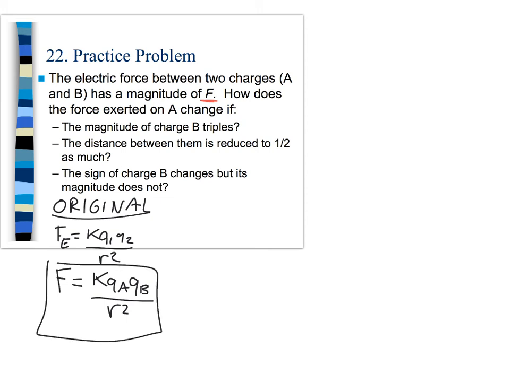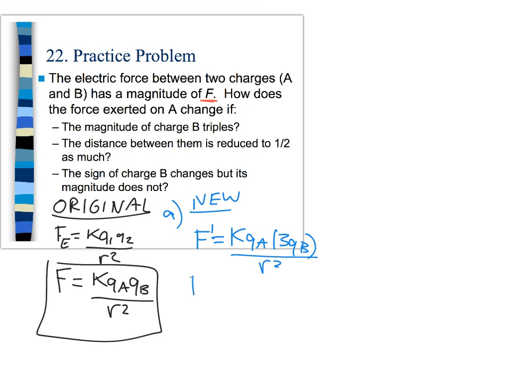And now I'm going to look at my new situation. So for part A, my new situation is that charge B triples, okay? And so my new force here, which I'll call F prime, is going to be equal to k times QA times 3QB all over r squared.